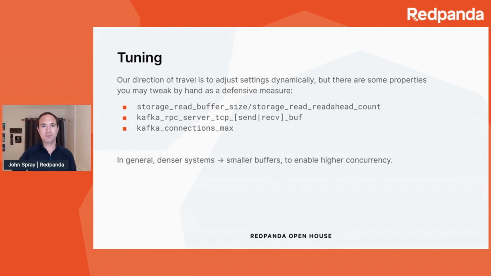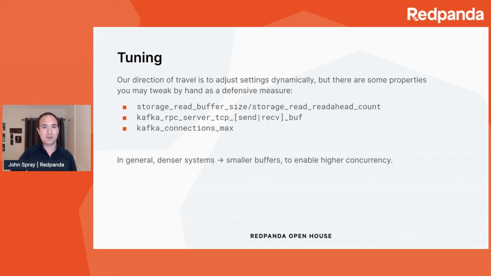In general, we're improving the software to dynamically adjust things like buffer sizes and things like how we allocate memory, so that you don't need to think too much about tuning. At the moment, there are still a few things it's worth knowing about if you're deploying at high scale, especially the storage read buffer size and the Kafka RPC server TCP buffer sizes.